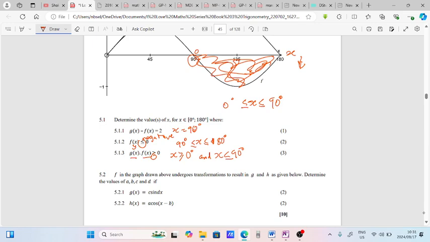Now they say f in the graph drawn above undergoes a transformation to result in g and h as given below.